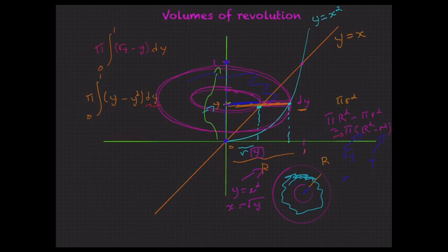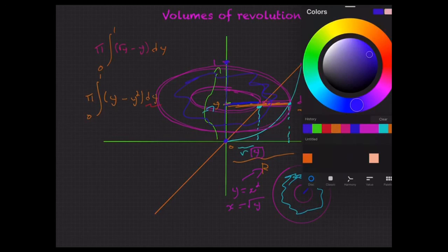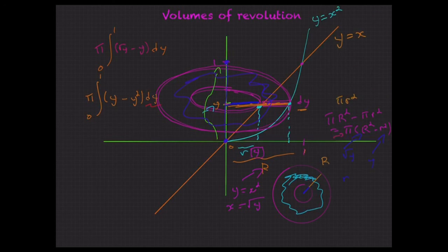Well, it's going to be the area of this washer thing, which I can just use my circle area formulae over here to figure out. It ends up being y minus y squared. And so this process of piecing the integral together by saying, okay, what is the slice? First step is, what am I slicing, right? What is the cross section that I get? Here it's a disk.